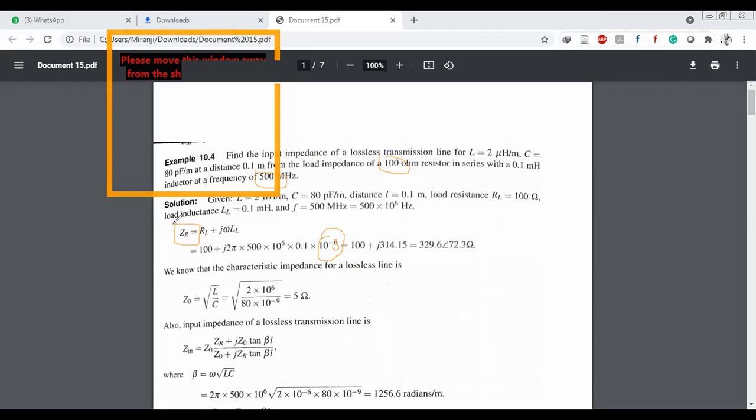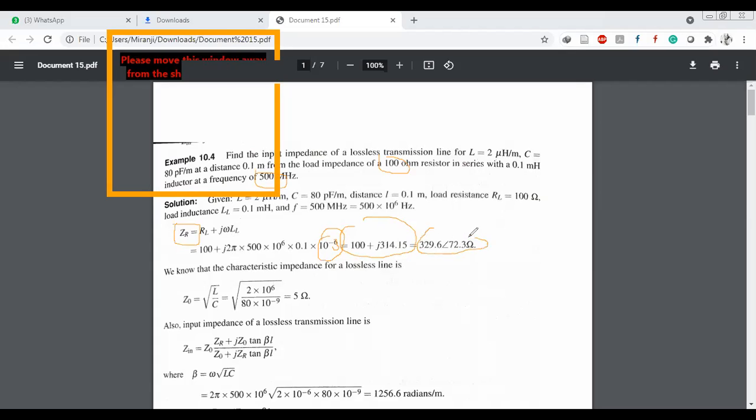They split the resistance and inductance part of the load impedance as R plus j omega L. From that, we found the load impedance here: 100 plus, on simplification of this term, j314.15.